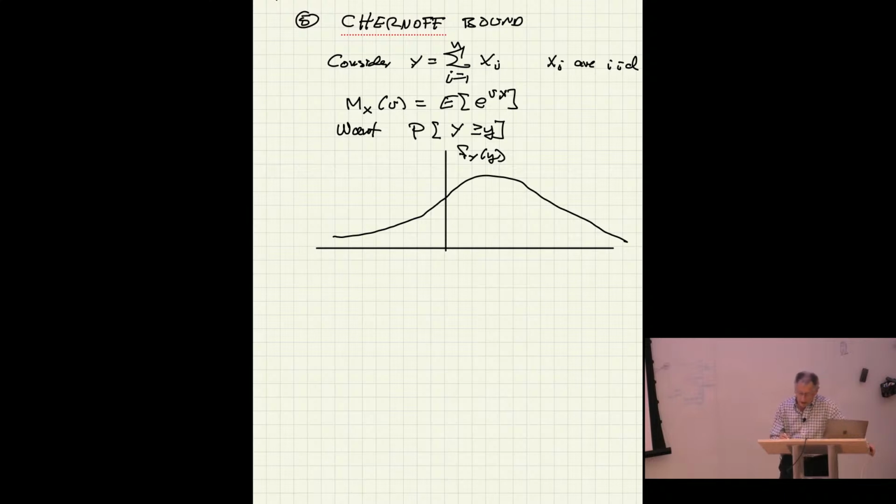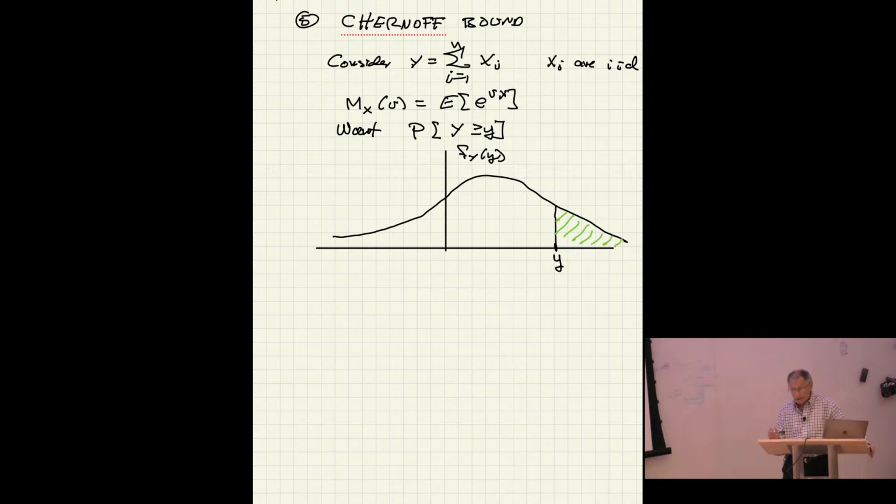And suppose I'm asking for this quantity up here, which says, what's the probability that's bigger than y? So let's identify y on this axis. Suppose y is right there. Then I'm asking for how big is that area?